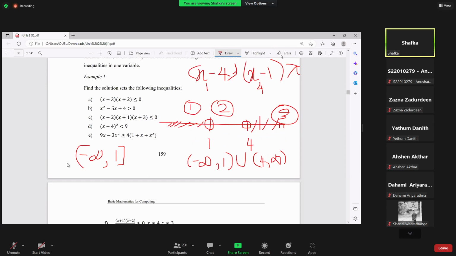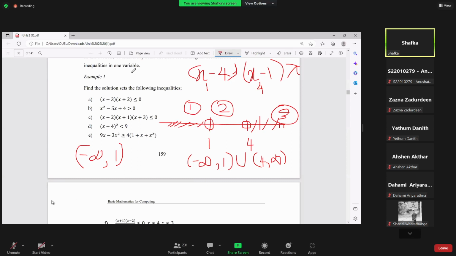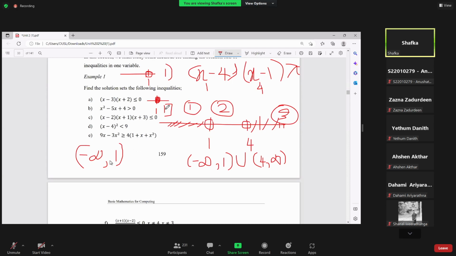But when we represent it with a normal bracket, 1 is not in the solution. If 1 is not a solution, then you have to have normal brackets. If it's a solution, you should have a square bracket. Square brackets indicate this element is also a solution. Is that clear?